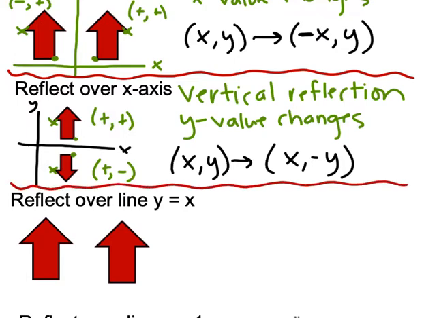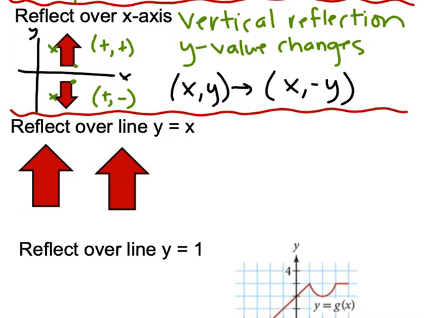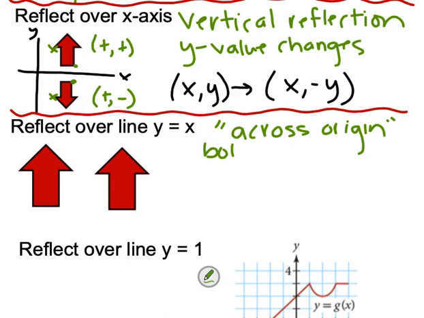All right, this next one, reflecting over the line y equals x, is kind of tricky to think about. We're going to do our best. If they say reflect over the line y equals x, it also might be worded as reflecting across the origin. And what ends up happening here is both the x and the y change.